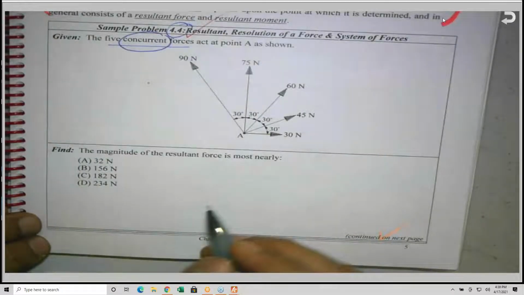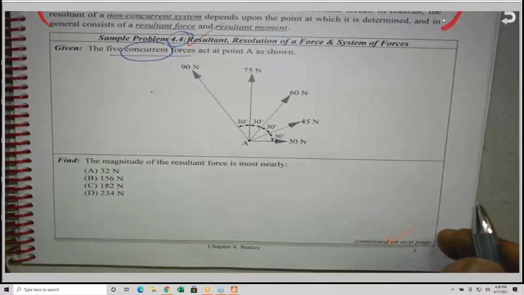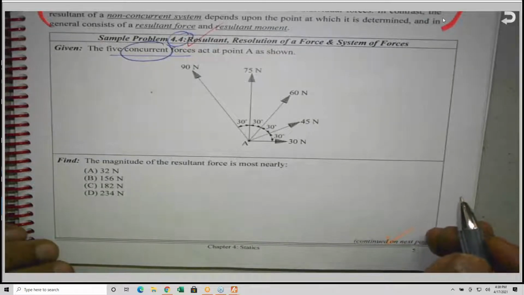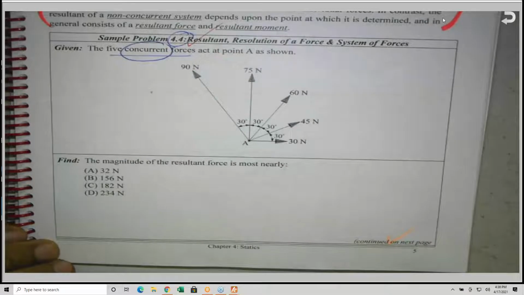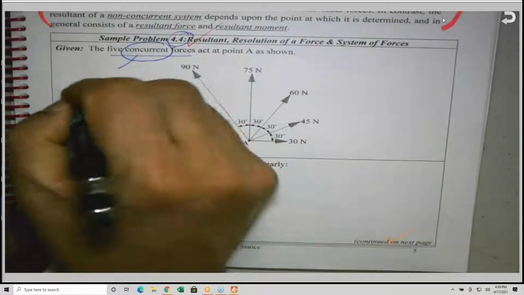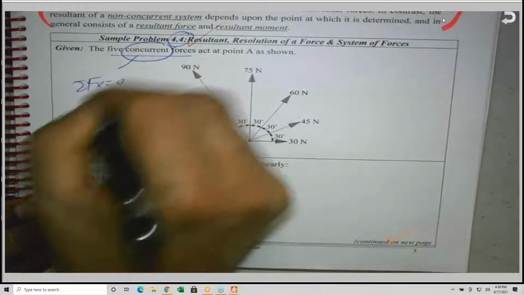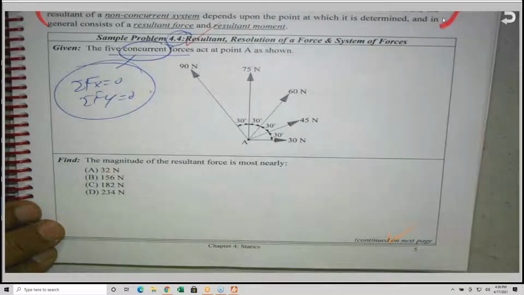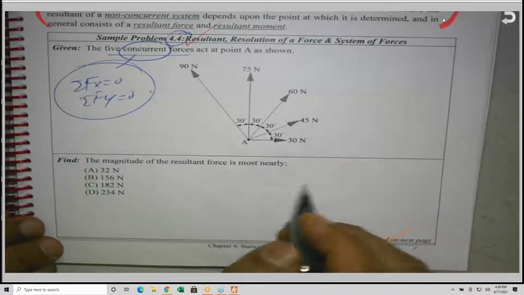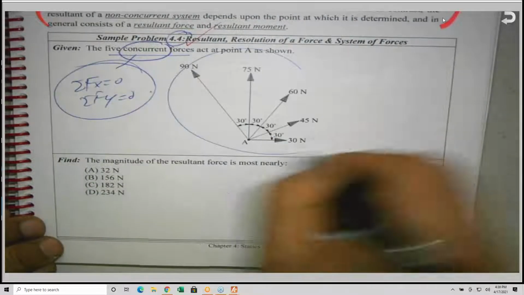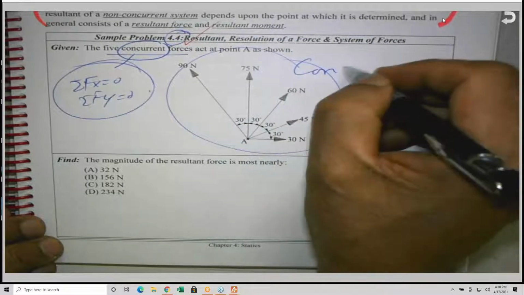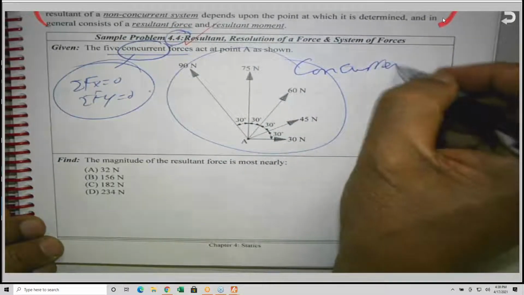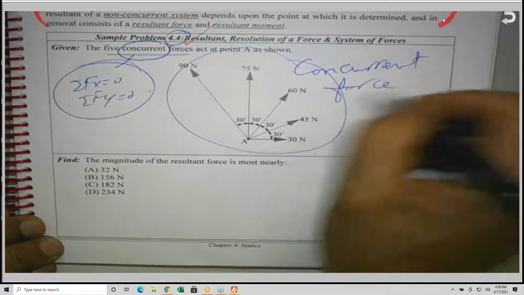If you remember, we talked about trusses before, and we said that in the method of joints, we cannot pick a joint that has more than 2 unknowns, because for any concurrent system, you'll find that sigma force X equals 0 and sigma force Y equals 0 are the only 2 equations available, because the moment equation has no value. So this is called a concurrent force system. I needed you to remember this term, concurrent force system.